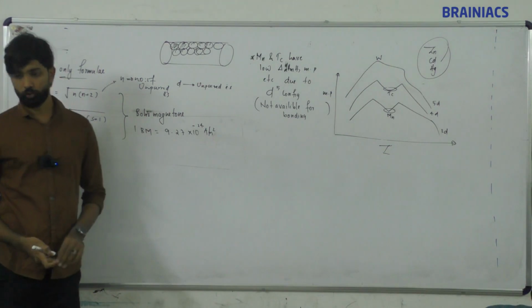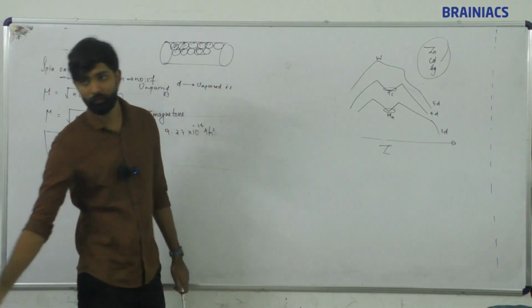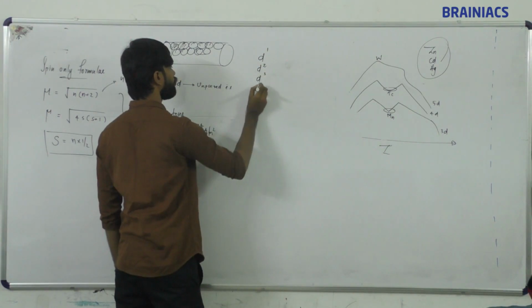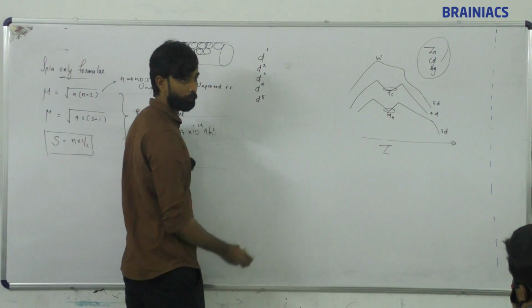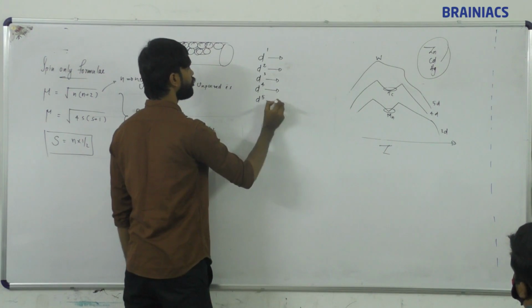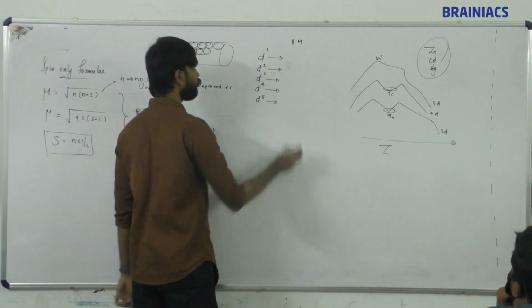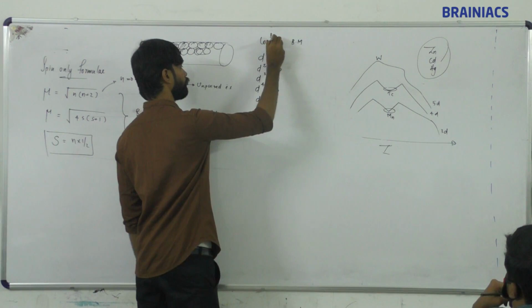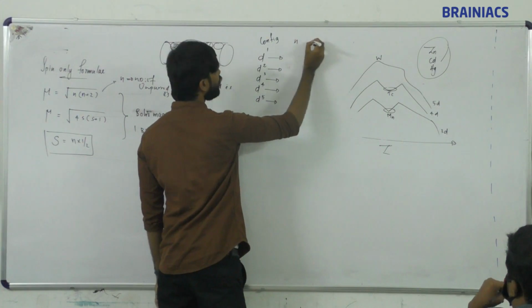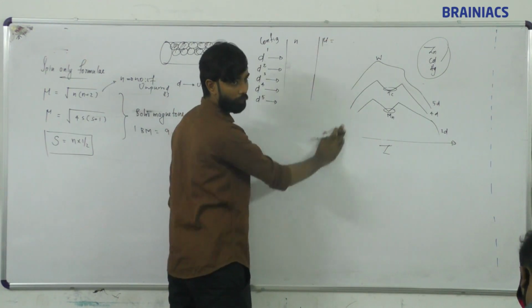In the case of d block elements, the configuration may be d1, d2, d3, d4, d5, and you may be asked to find the magnetic moment in Bohr magneton.